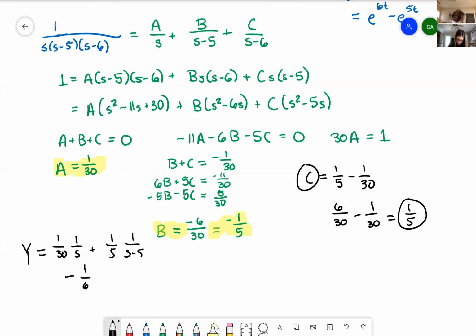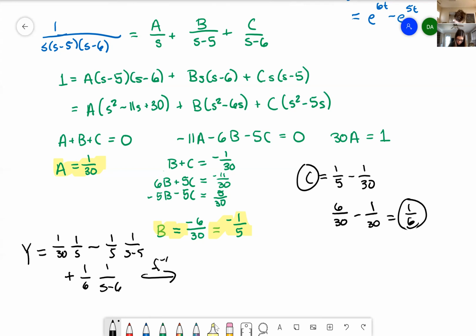Hmm? No, 1/6 here. 5/30. So this should be minus, and this should be plus 1 over s minus 6.